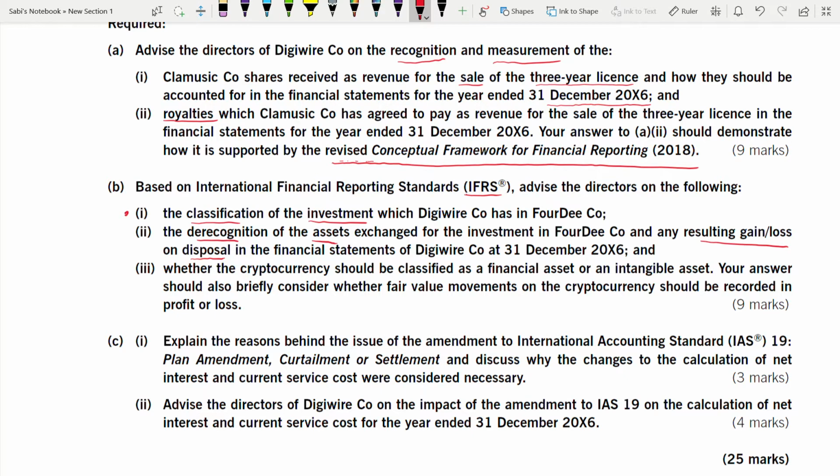And third, whether the cryptocurrency should be classified as a financial asset or an intangible asset. This question, when it came, was not answered very well by the students. The reason is because this was new. Each year, no matter how much you prepare, at least one question will be unique.